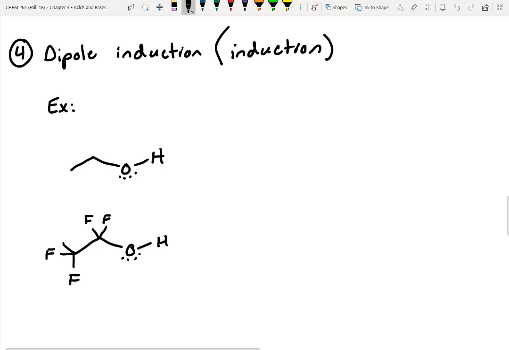The difference is instead of having hydrogen atoms on it, we've swapped them all out for fluorine atoms. You can imagine each reacting with some sort of imaginary base.